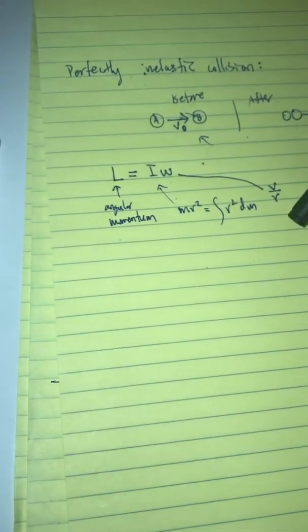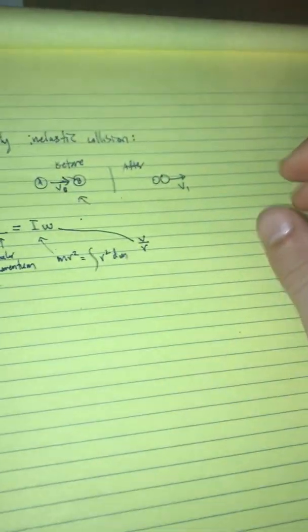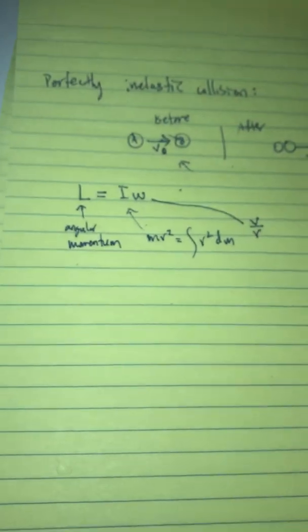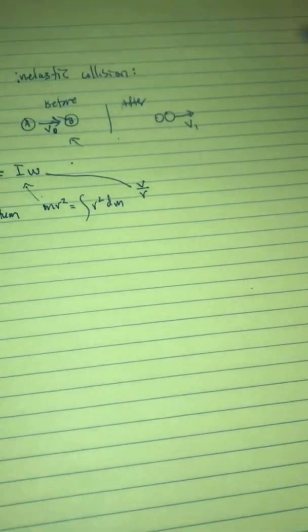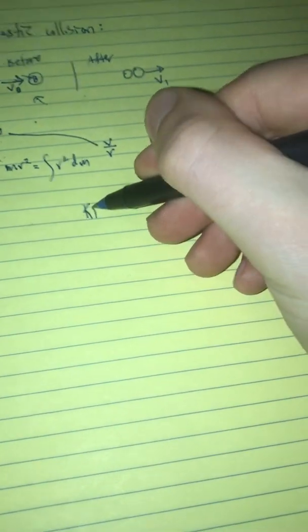At first one is at rest and one is dropped onto the other, and then they both end up moving with the same final angular velocity. So just based off that, we know that because it's a perfectly inelastic collision, kinetic energy is lost.